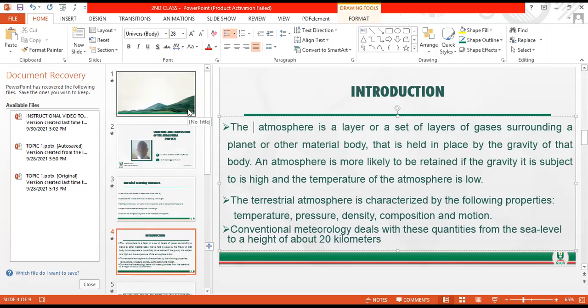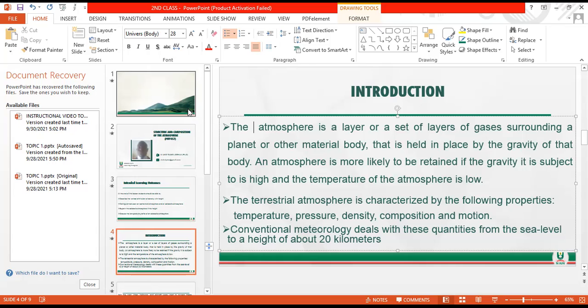The terrestrial atmosphere is characterized by the following properties. Please note those properties: temperature, pressure, density, composition, and motion. So you have five of them. And the last statement there says that conventional meteorology deals with these quantities from the sea level to a height of about 20 kilometers.